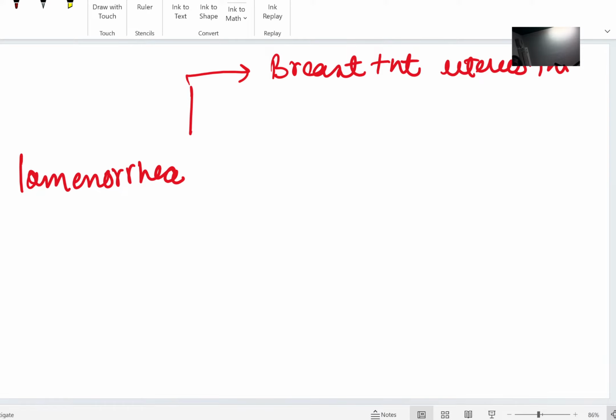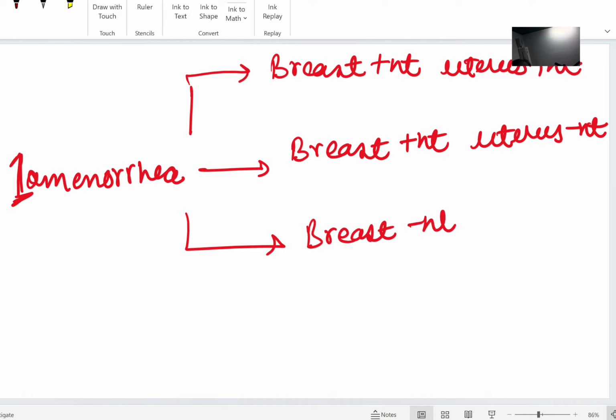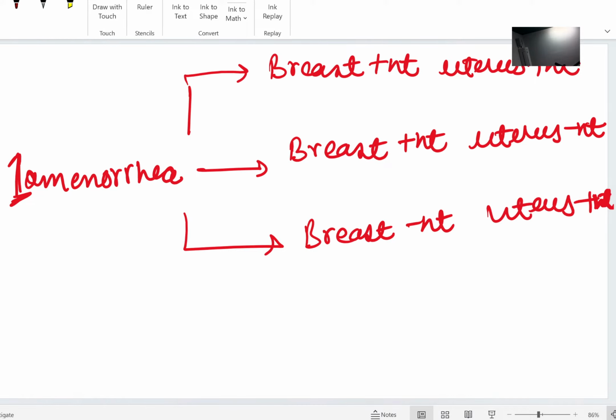Next, see whether the breast is present and uterus is absent. Next, see whether the breast is absent and uterus is present. This way you have to categorize.